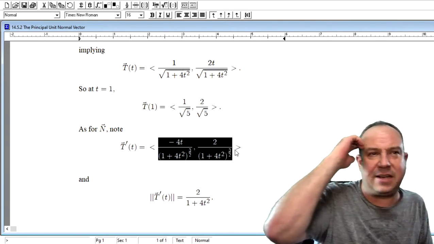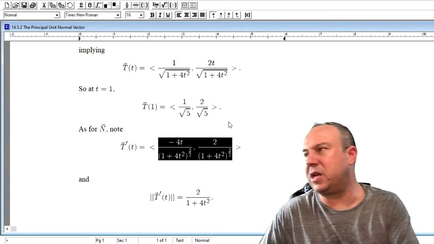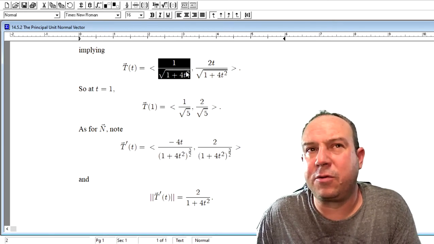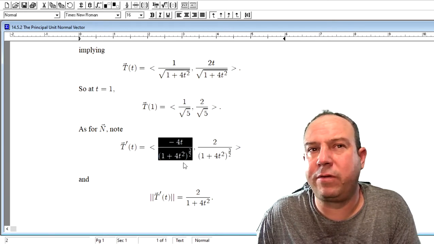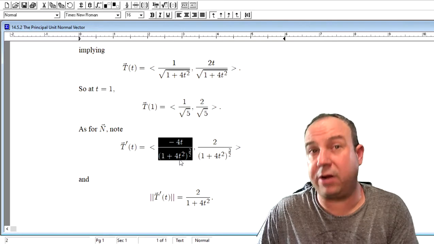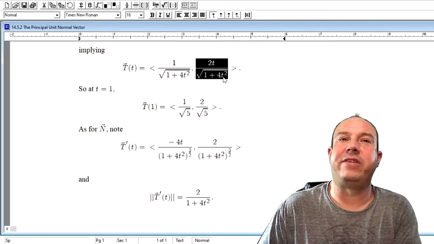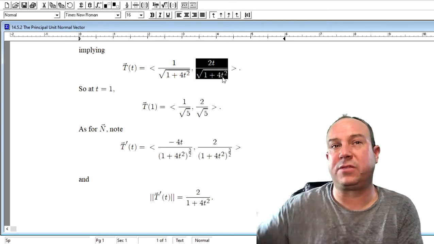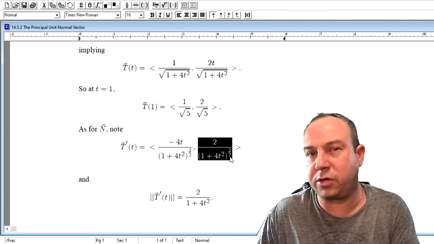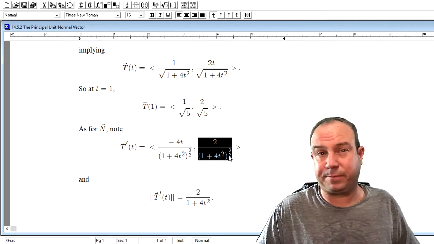But simplified, and I did put this together on Mathematica, we would end up with these results here. The derivative of this is negative 4t over 1 plus 4t squared raised to the 3/2 power. And the derivative of 2t over the square root of 1 plus 4t squared is 2 over 1 plus 4t squared raised to the 3/2 power.